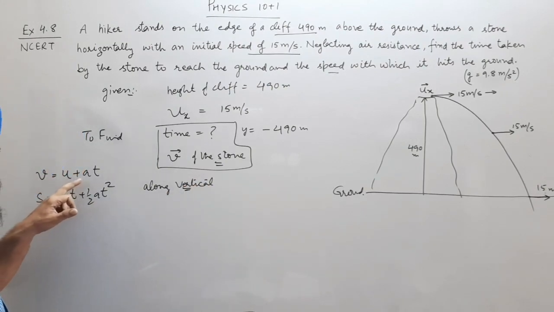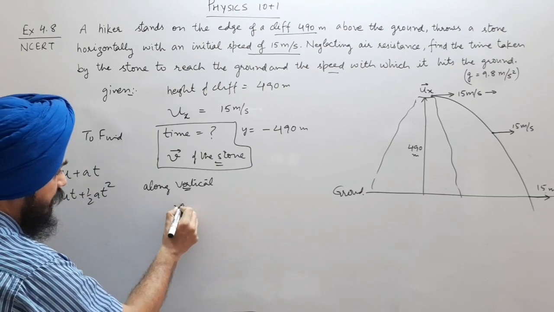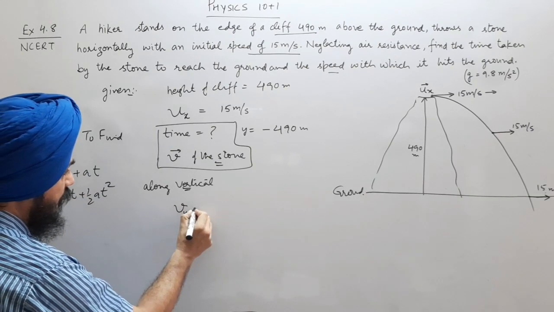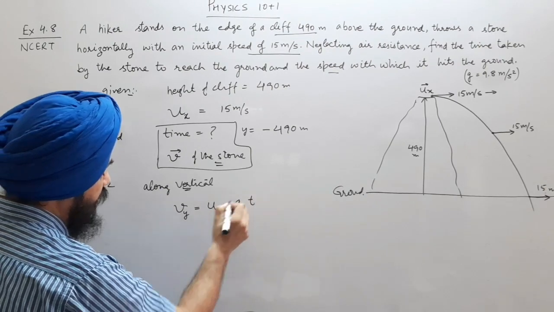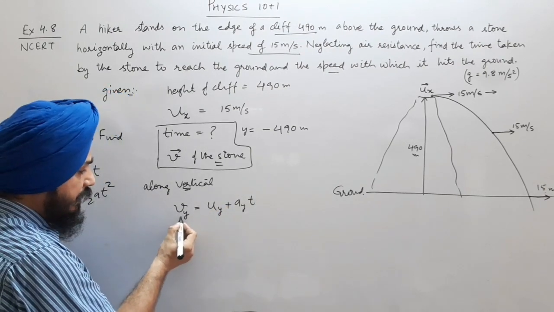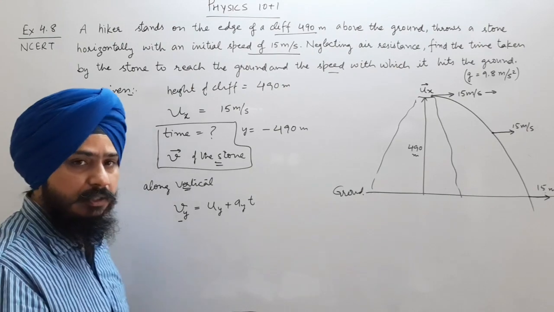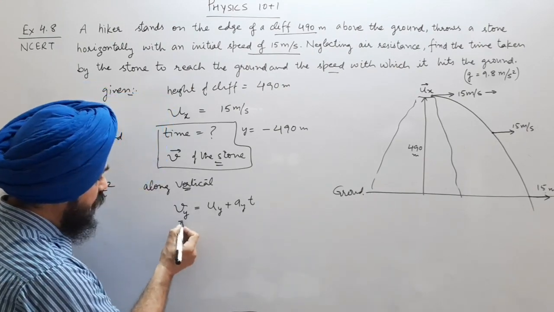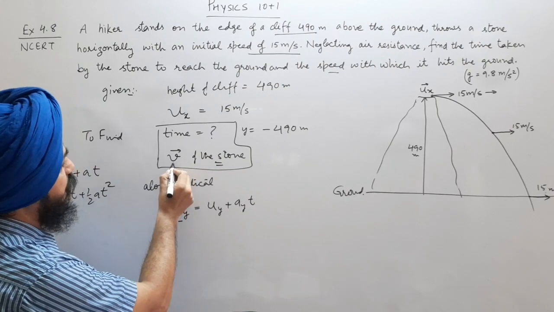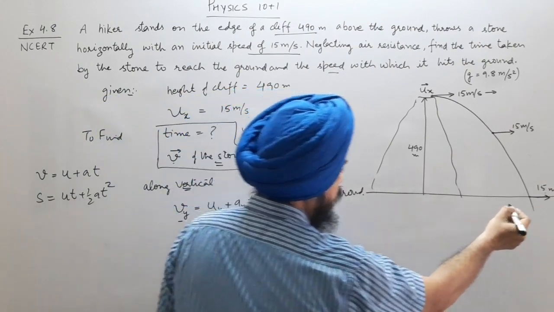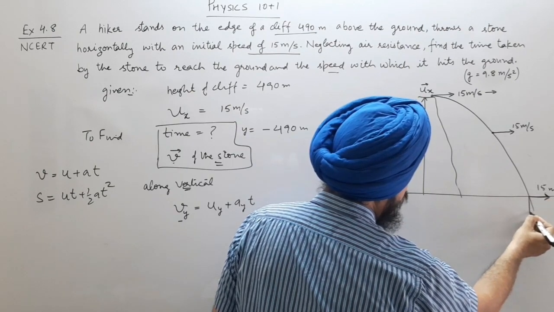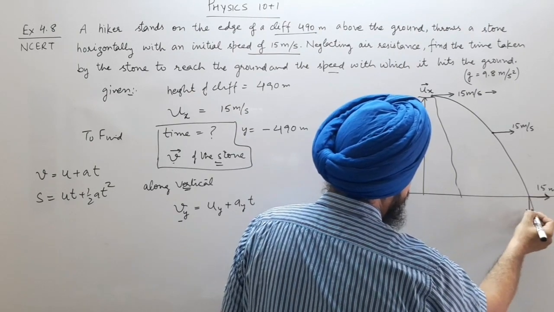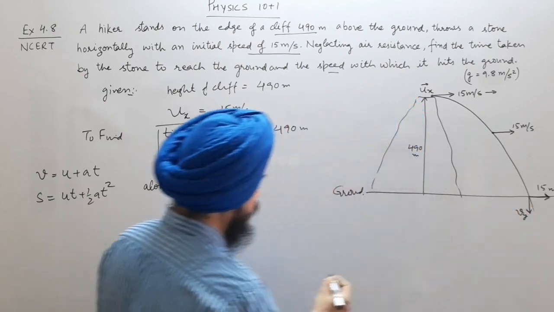v equals u plus at. So Vy equals uy plus ay into t. Vy is the final velocity along the y-axis, and this we have to find. Here we know the x-axis velocity, and if we know the y-axis velocity, then we will find v.